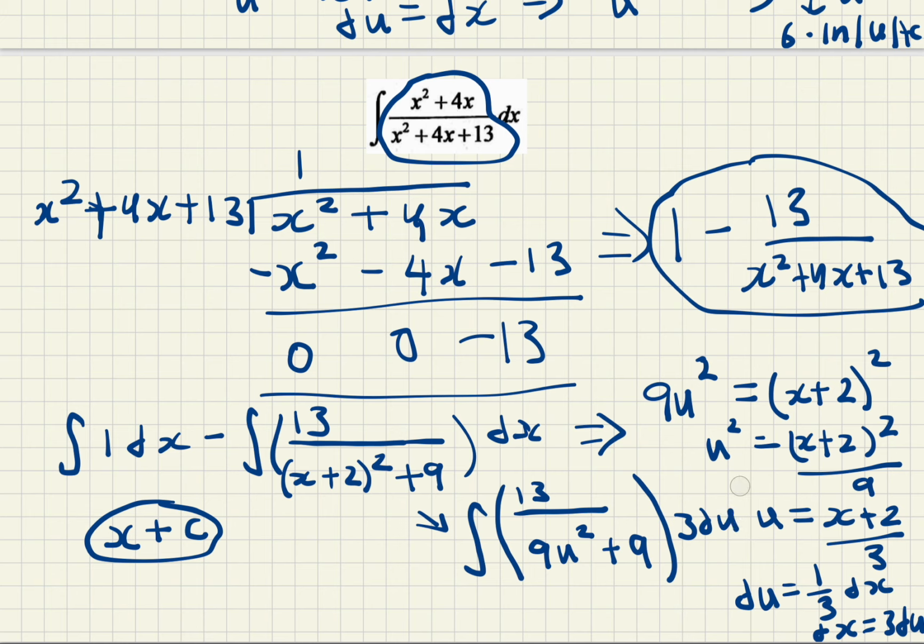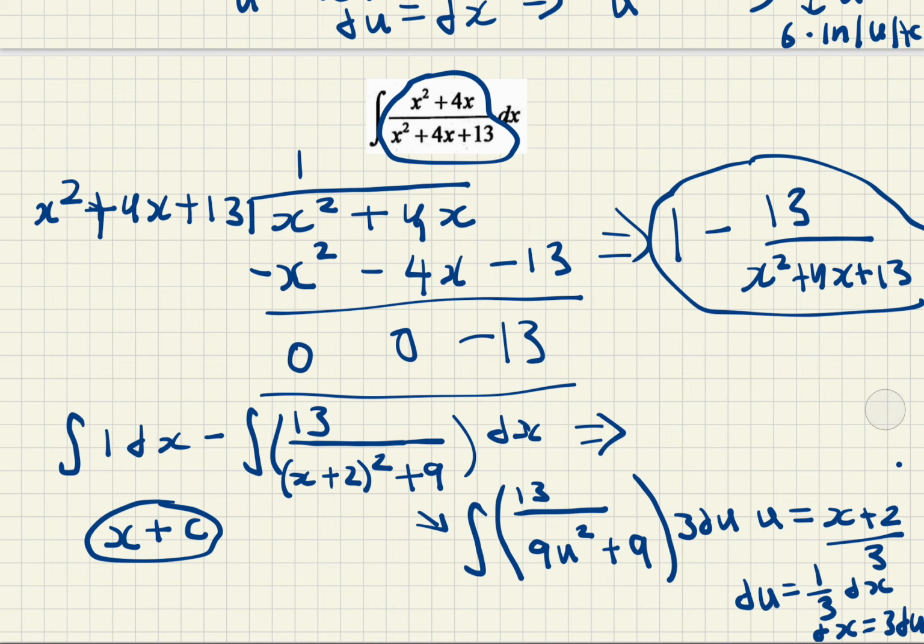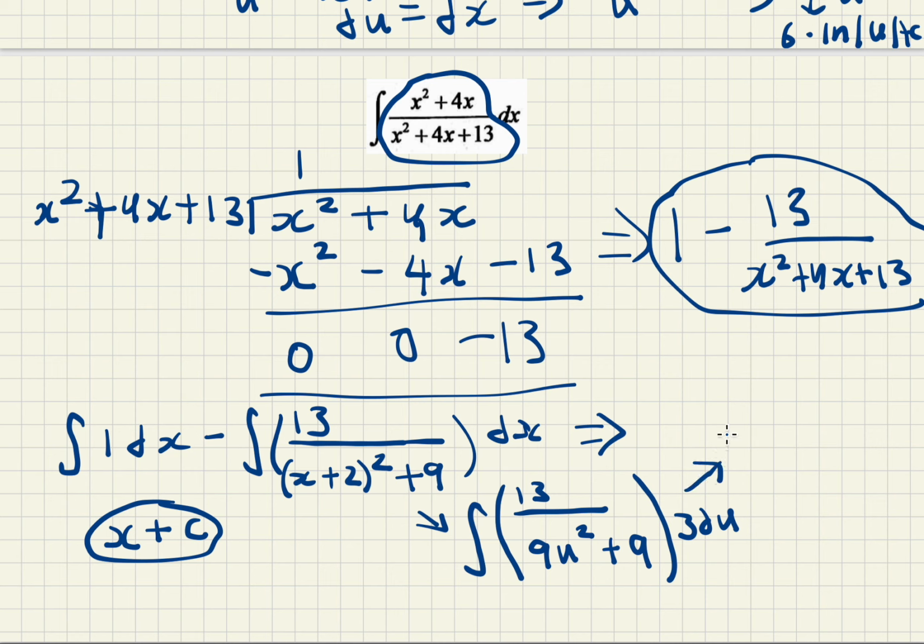Let me just make space. Now we can take 13 and 3 outside to make this simpler. So 13 times 3, which is 39. We can take the constant out. That's a law of integrals.